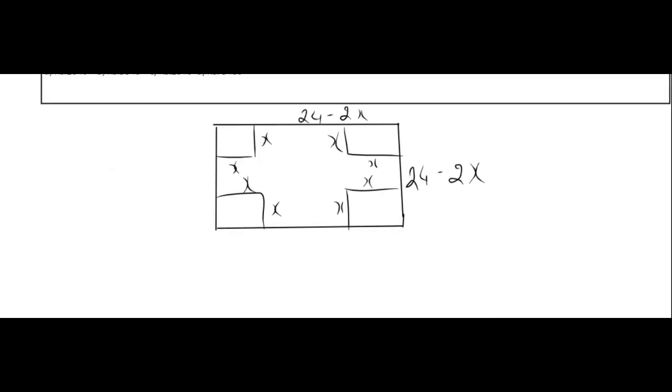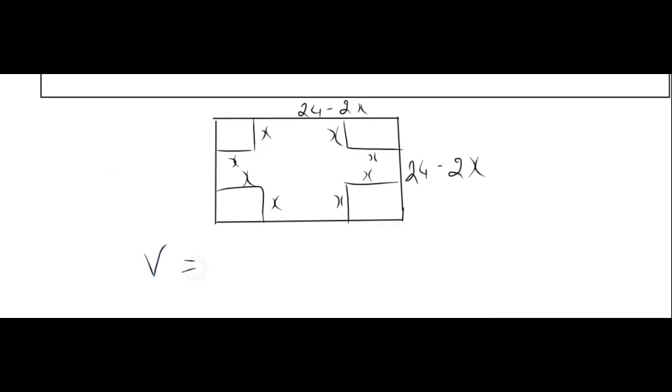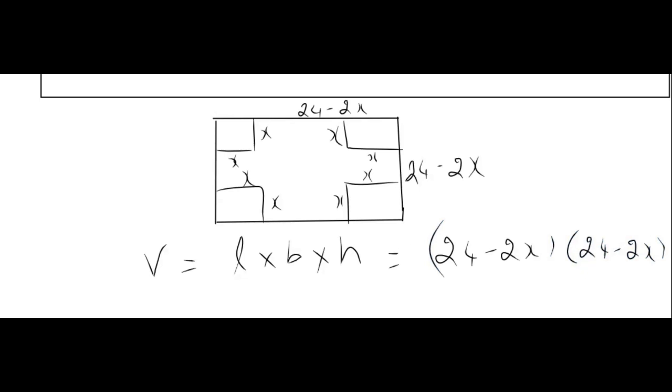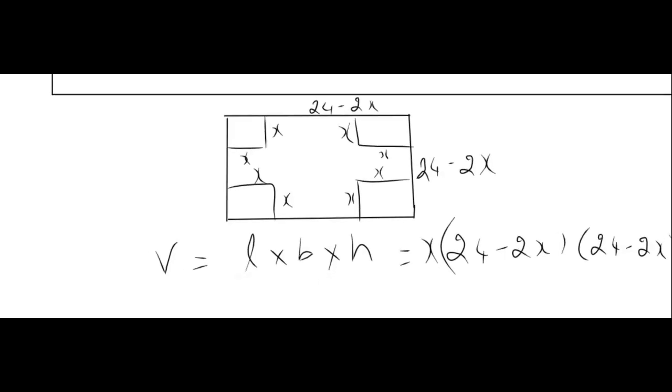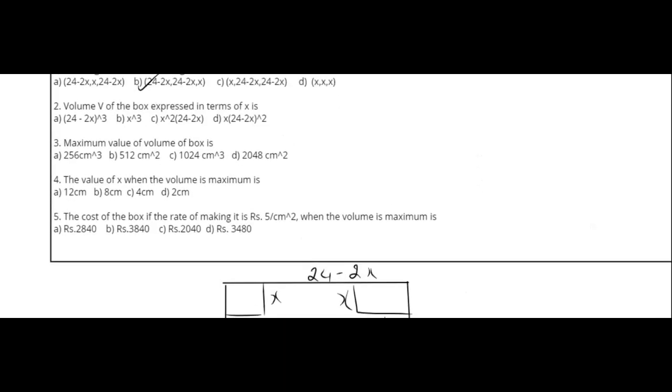So volume of the cuboid is nothing but L into B into H. We already saw that L is 24 minus 2x, breadth is 24 minus 2x, and the height is x. So it is going to be x into 24 minus 2x the whole square, which is equal to 24 minus 2x the whole square into x. So we can see that option B is correct.